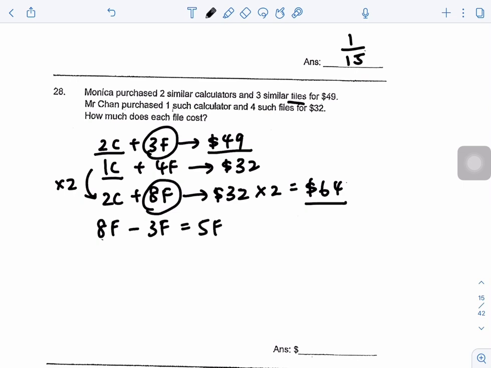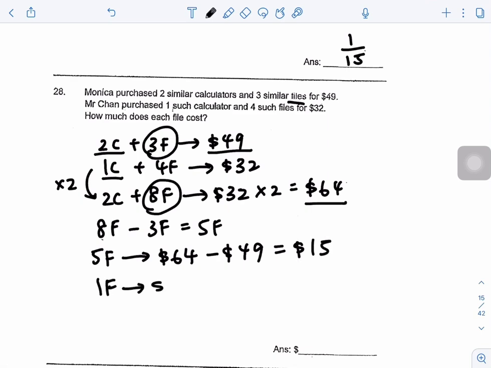So the difference in price is the price of the 5 files. 64 minus 49, that is 15, which means that 1 file is 15 divided by 5. 1 file is $3. Is that what they want? Each file $3. Okay.